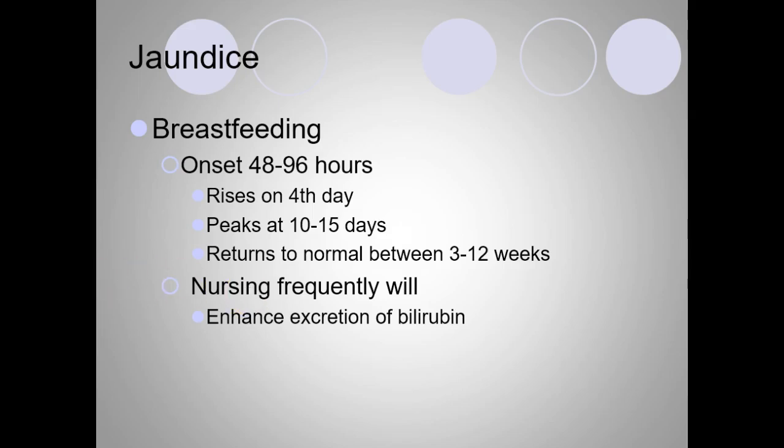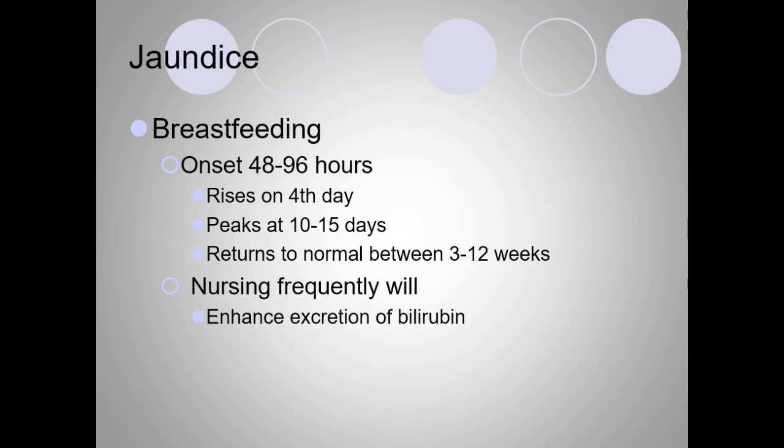Breastfeeding, you guys remember they don't get a ton of volume. Their milk comes in on day 3 to day 5, and so you can see that this is just because they're not getting enough volume to excrete the high levels of bilirubin. So you guys remember our little saying, the more you pee, the more you poop, the more bilirubin will come out the chute.